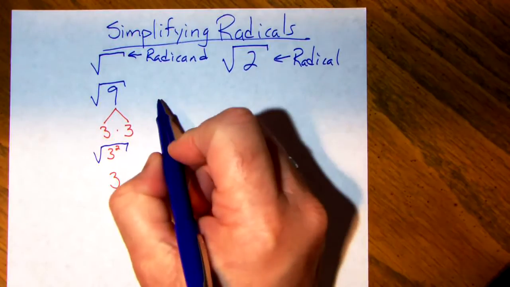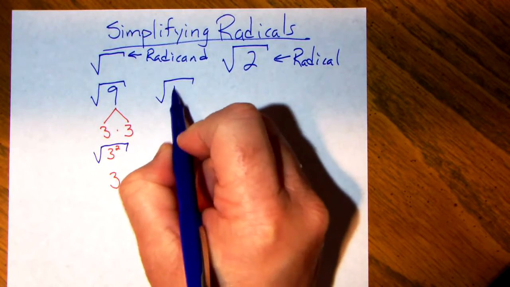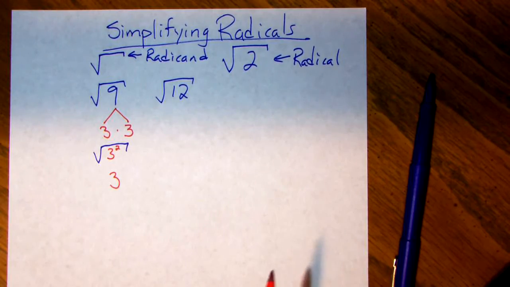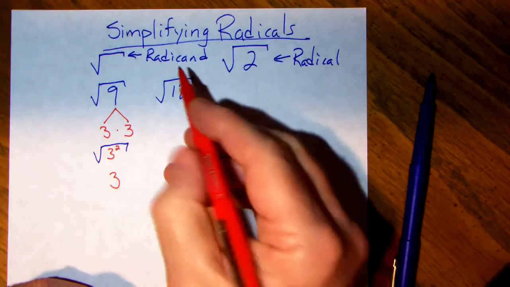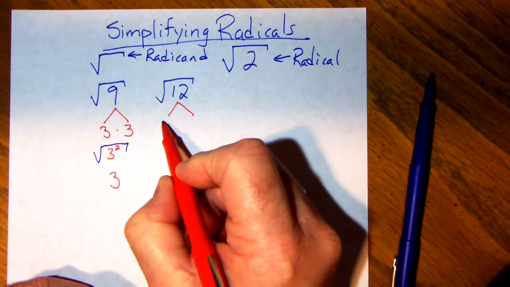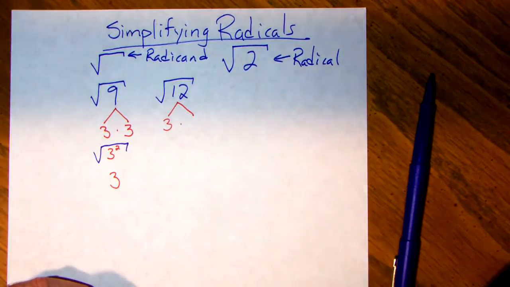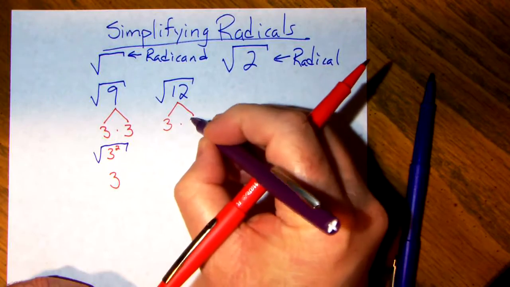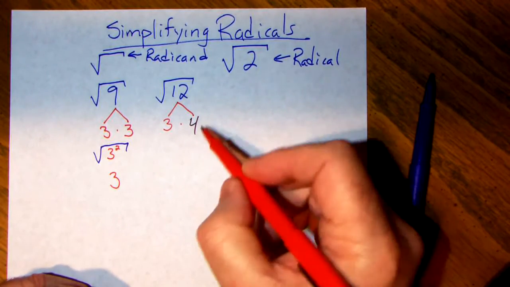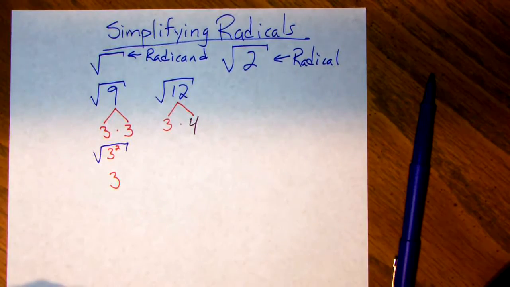What if we had something like the square root of 12? Well, 12 can be reimagined in a number of ways. One of those ways could be 3 times 4. 4 is a nice number. We'll look at it one more step further.